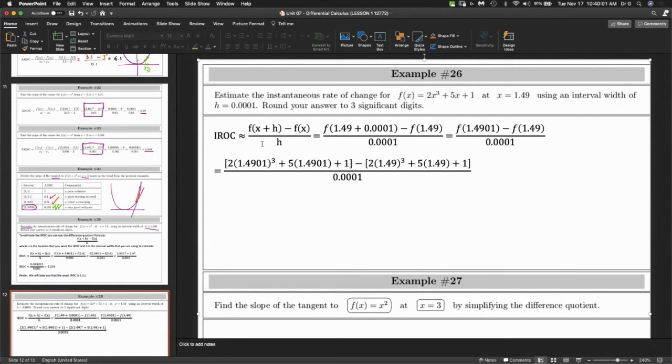So we're finding the instantaneous rate of change, but this time the function is this cubic function. And we're finding an estimate to the rate of change. So the estimate, we use this formula, where x is the location at which we want to know the rate of change, which is 1.49, and h is the interval on which we want to find the estimate, meaning that we're drawing a triangle that is this wide.